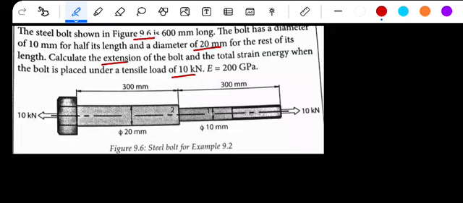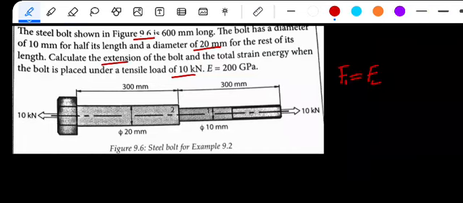As you can see, we've given part 2 and part 1. So that means this is a series. If we are given a series, you must understand that F1 must be equal to F2, remember from the series bar. Also, the total extension must be extension 1 for section 1 plus extension 2 for section 2.